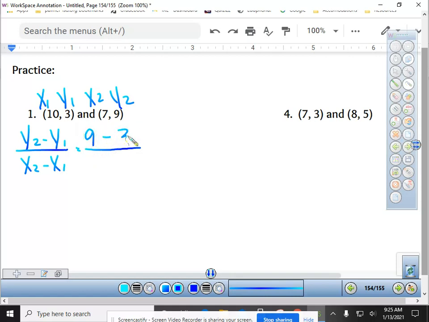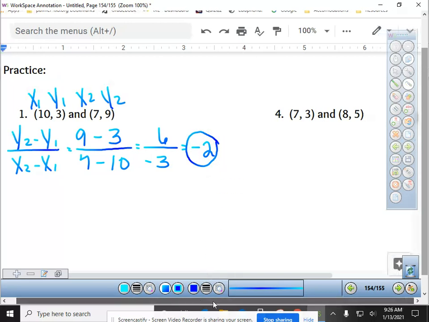Minus 3. And X2? 7. Minus 10. What is 9 minus 3? 6. What is 7 minus 10? Be careful. Negative 3. Can I simplify that? Yes. 6 divided by negative 3 equals what? Negative 2. Good job. Keep going.